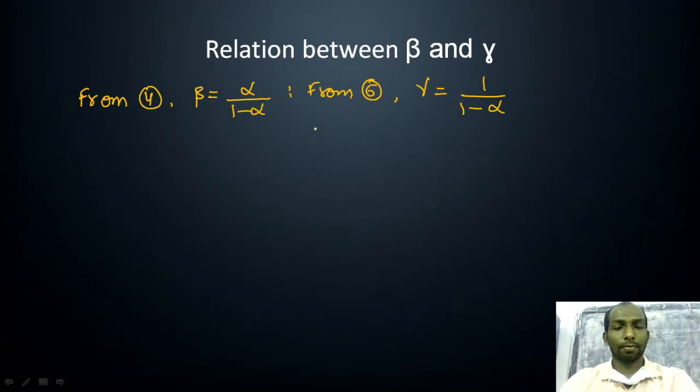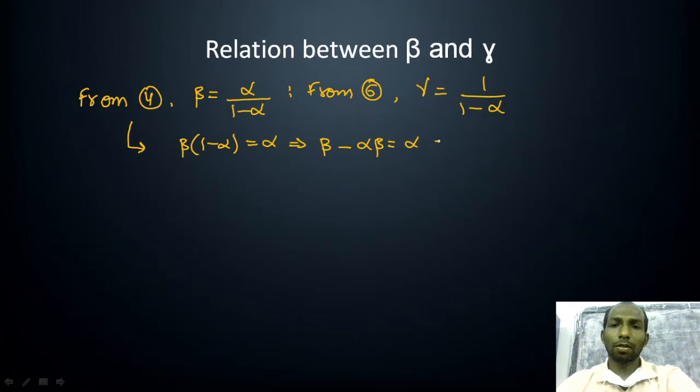Here from equation 4, I can write beta into (1 minus alpha) is equal to alpha. So beta minus alpha into beta is equal to alpha.